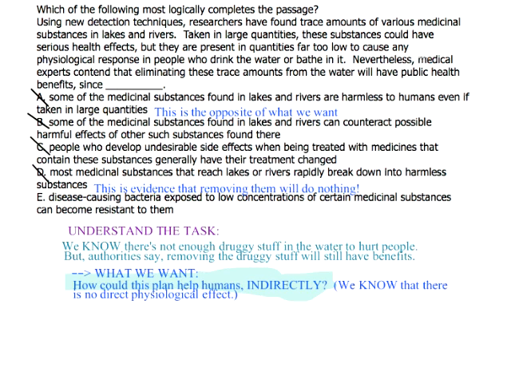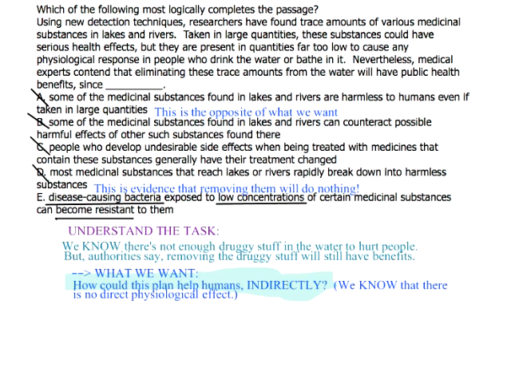E says, on the other hand, it does say low concentrations. So even though the concentrations are too low to affect humans, if you have bacteria that cause disease, they can become resistant. So that's the point of choice E, right?